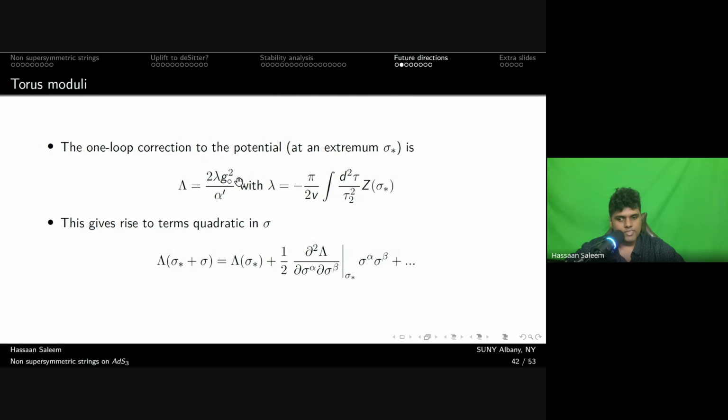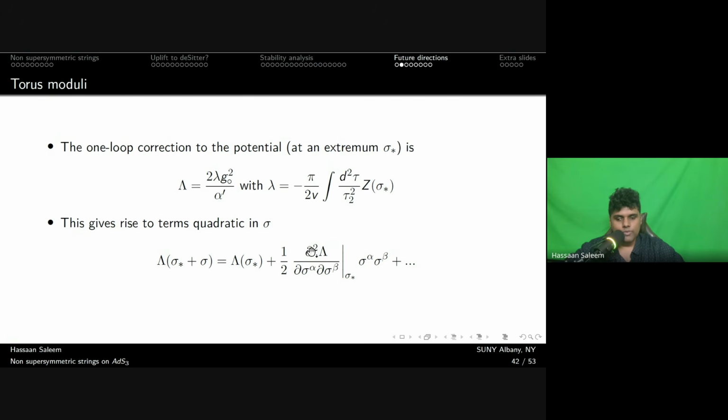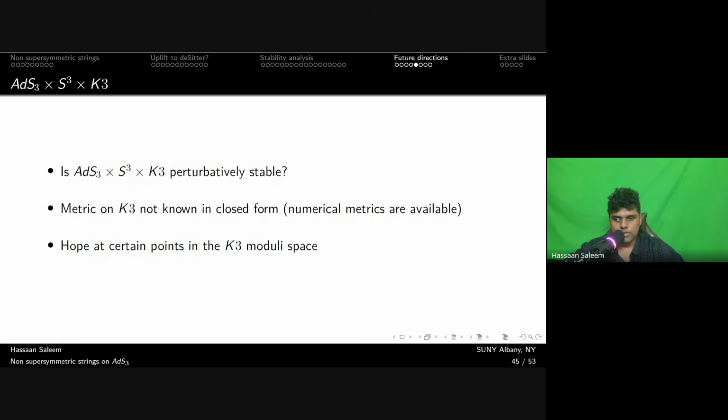So the one loop correction is given as this, where lambda is coming from the partition function's integral, and you can expand it in terms of the torus moduli, right? I think I'm going to skip this slide because I'm running out of time. But one thing that you can do is find these derivatives and see if they violate the BF bound. This is something that we are working on right now, but I don't have enough time to talk about this. Okay.